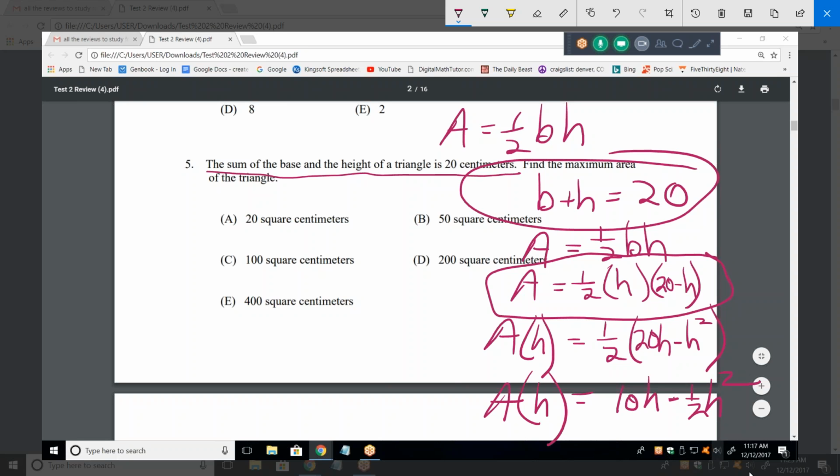Okay? But this is pre-calc. This is not calculus. But we also are looking at a quadratic. So if we can figure out where the vertex is, we'll know what the area is. So what's the formula for the x-coordinate of the vertex? Or in this, I suppose I should call it the h-coordinate. What's the general formula?